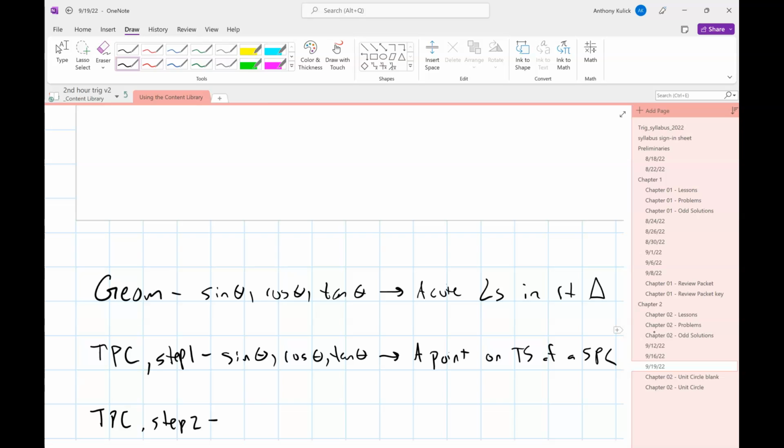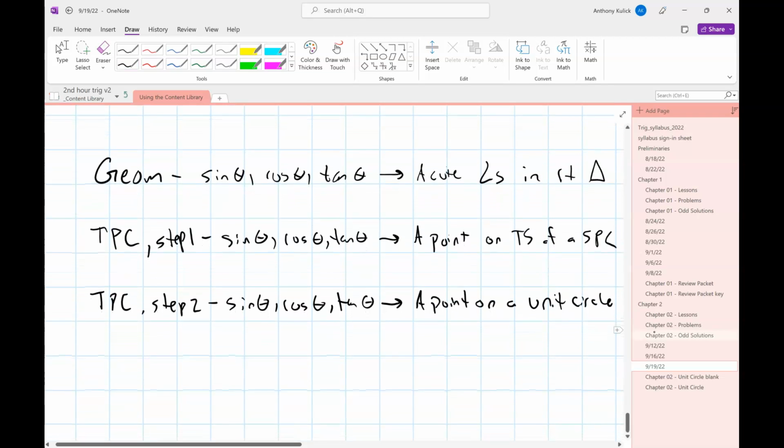And in our final result, now finally at the very end, sine, cosine, tangent, etc. are defined from points on a unit circle.